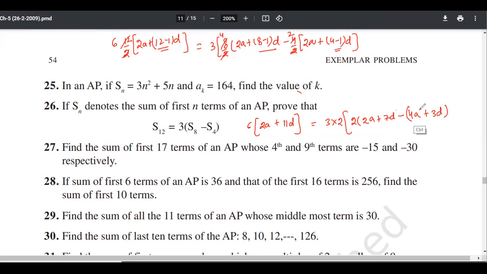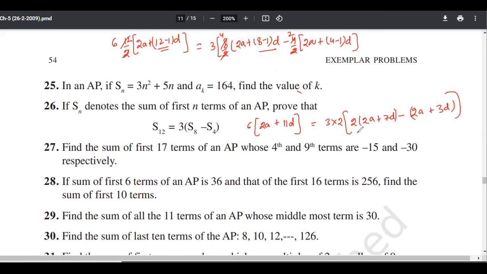Sorry, what I have done here is wrong. You have to put 4 here, because I have taken only 2 as common. No, I had taken the whole 2 as common, so 2 would have gone, and 2 will remain here. So this is 2 only here, and this is nothing but 2a plus 3d.